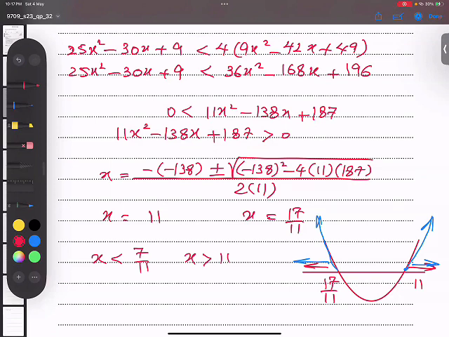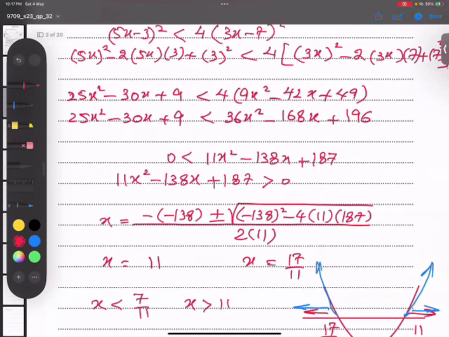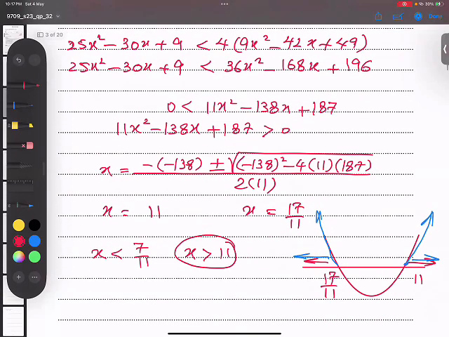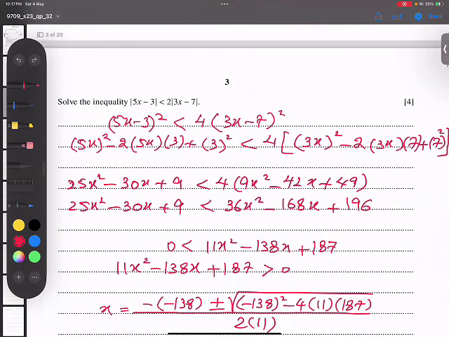Okay, students. And we have to test as well. Not to some extent, I mean fully check. Bigger than 11 means any number, let's say 12. So you plug the number 12 into this formula, like 5 times 12 minus 3, and 3 times 12 minus 7.